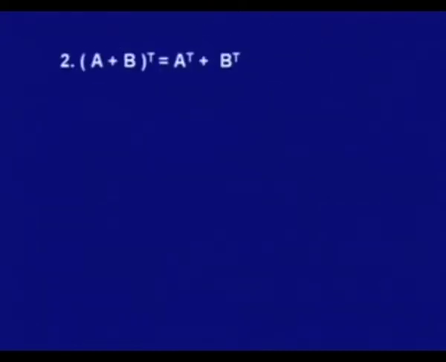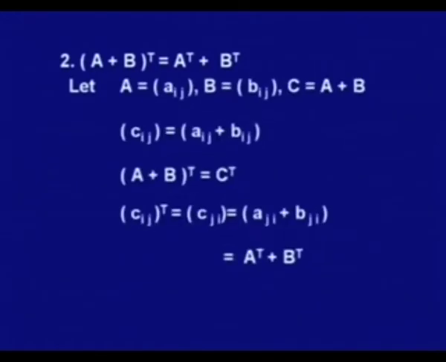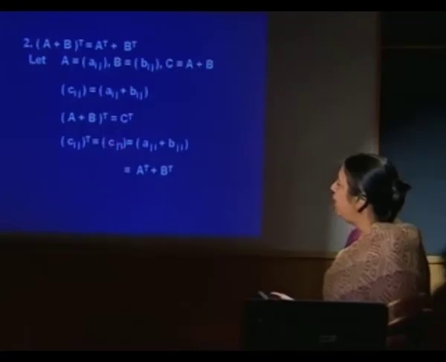Now the second property is that (A plus B) transpose is A transpose plus B transpose. For this, let us consider A as the Aij matrix, B as the Bij matrix, then C is the sum of A and B. So Cij, the typical element of the C matrix, will be Aij plus Bij. Then the transpose of A plus B is C transpose, and Cij transpose will be Cji.